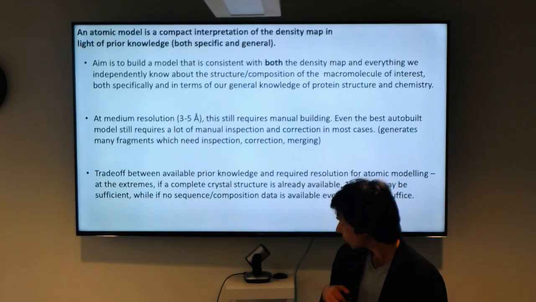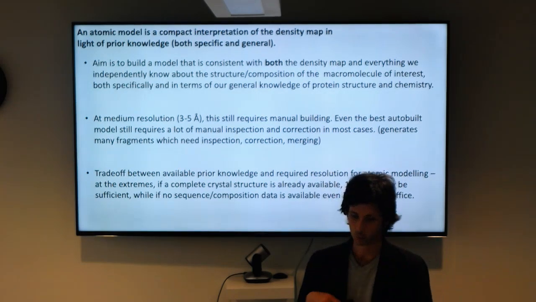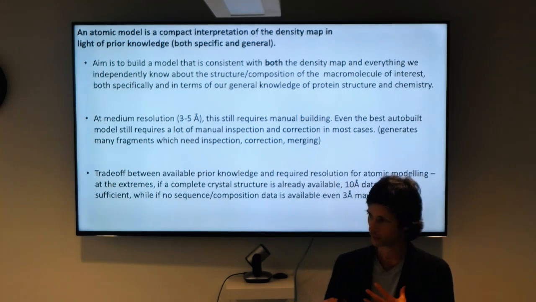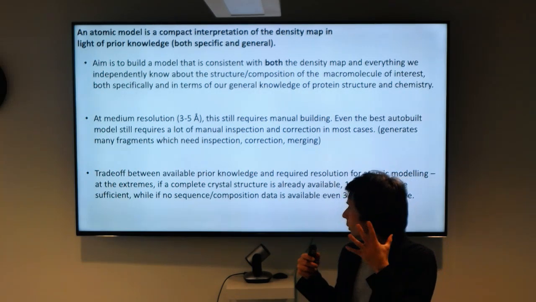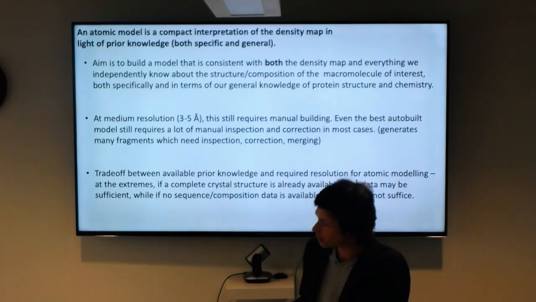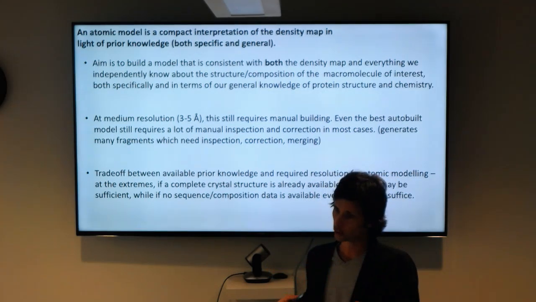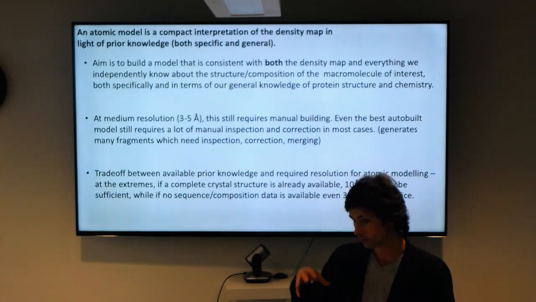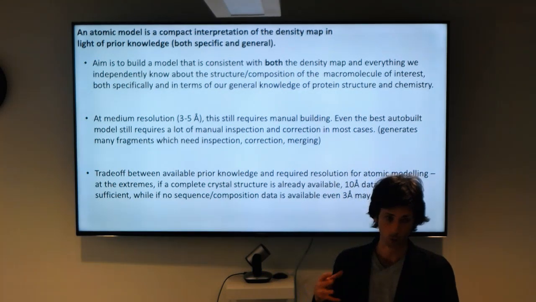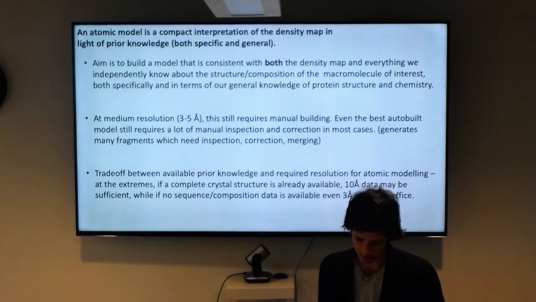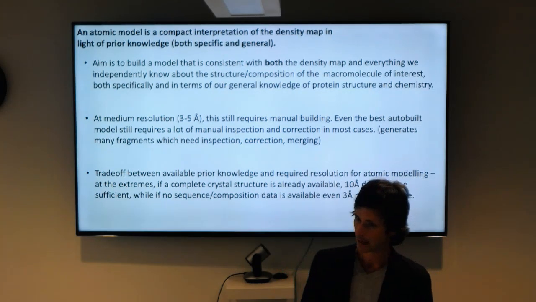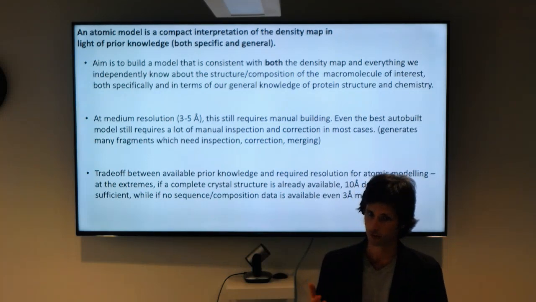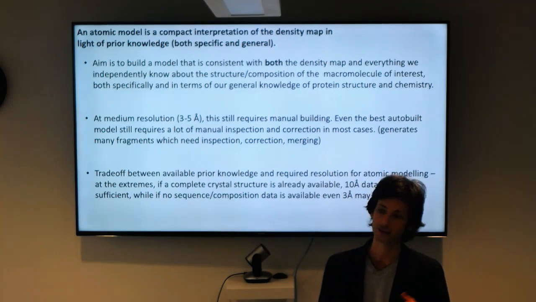And so in this process, the major trade-off is really between the prior knowledge that you have about your protein and what information is encoded in the density map. And what I mean by that is that in the extreme case, if you have a 10 angstrom map, but you have perfect knowledge of the protein structure that you want to fit to it, that's easy. That's trivial, generally speaking.